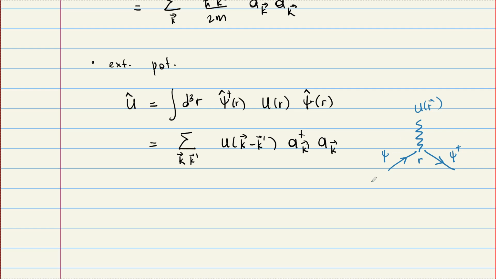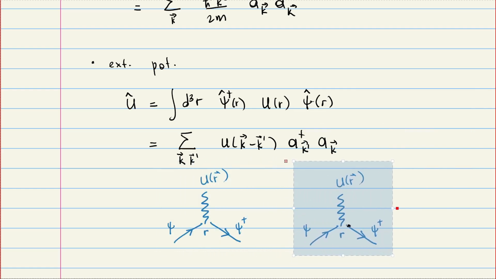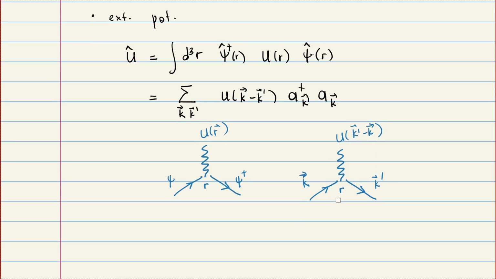Or I can also think about, okay, so this is the real space picture. I can also think about this in the momentum space. In the momentum space, I send something with k, and I receive something with k prime, and this becomes U of k prime minus k. And now I don't have r here, okay?